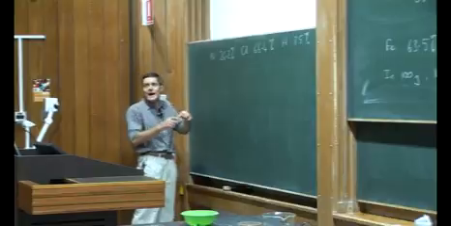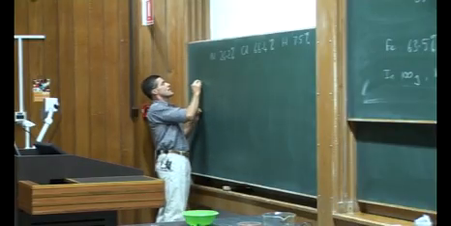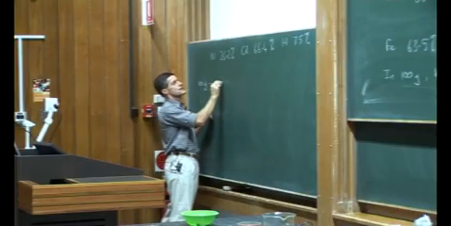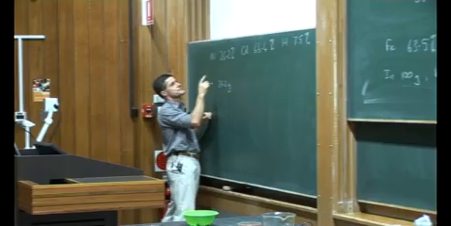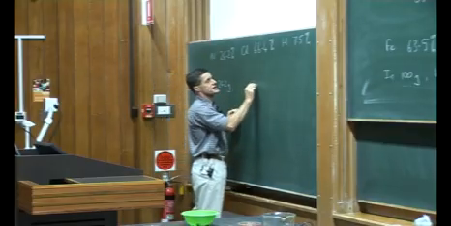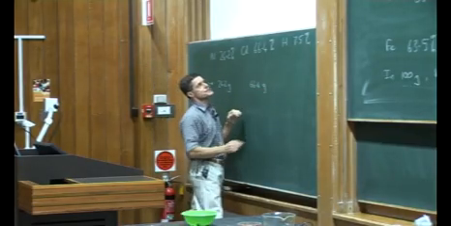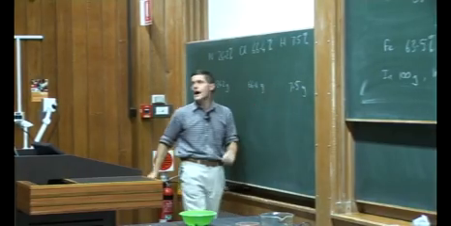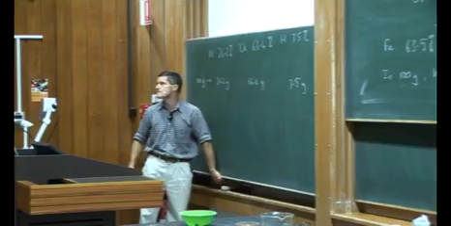And I can imagine that in 100 grams, I'm going to have 26.2 grams of nitrogen, 66.4 grams of chlorine, and 7.5 grams of hydrogen.